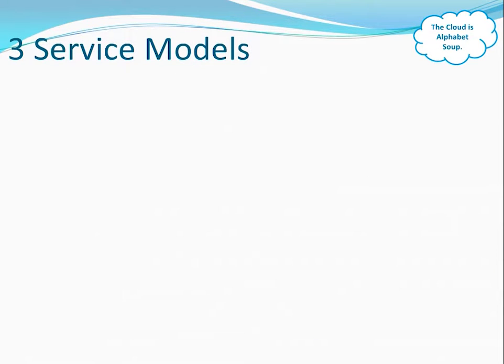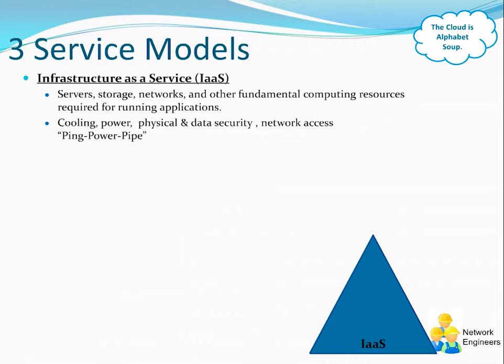All right, ready for these 3 service models. These are probably things you've seen or read about before, these little as-a-service kinds of things. There are lots and lots of as-a-service models that we're starting to see developed, but these are the 3 basic ones. First is infrastructure as a service.